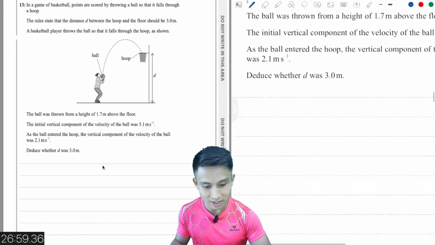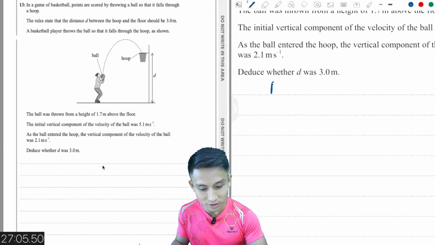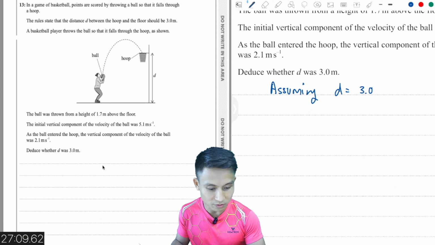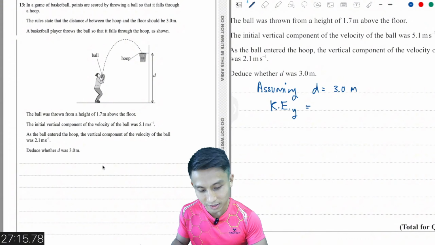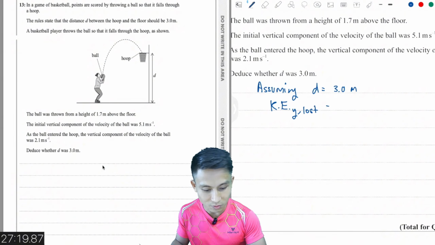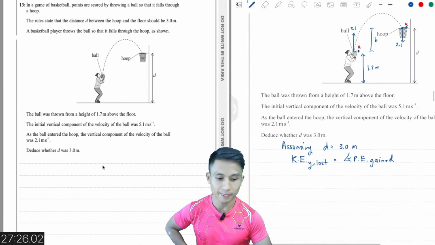So I'm just going to write here, if we assume that d equals 3.0 first, assuming d equals 3.0 meters, and then we do KE vertical, y, KE y lost equals GPE gain, yeah? So energy conservation here, right?